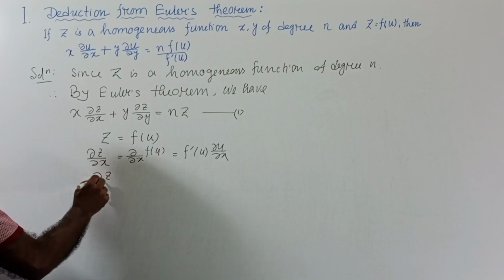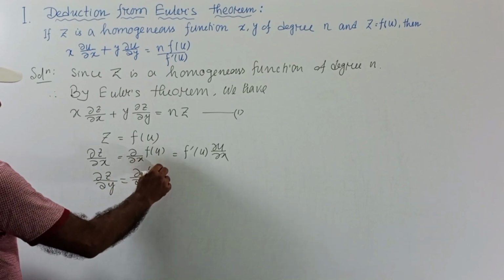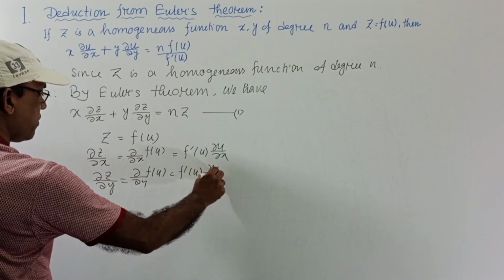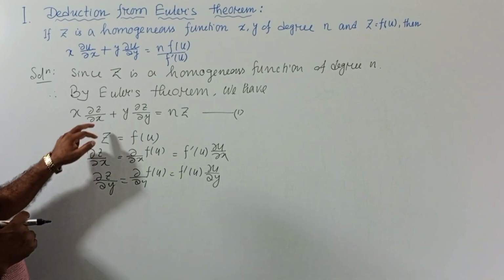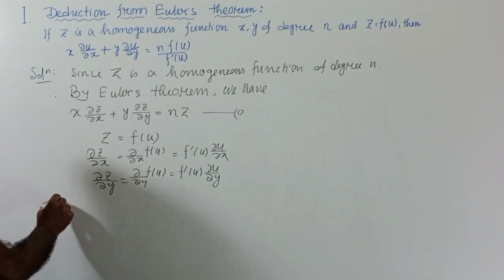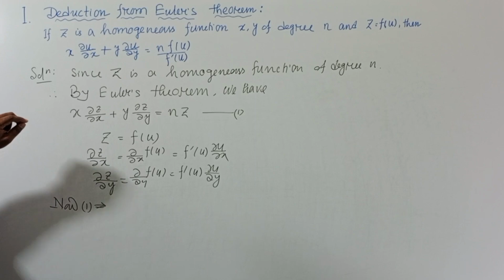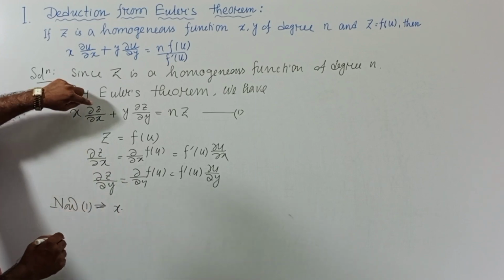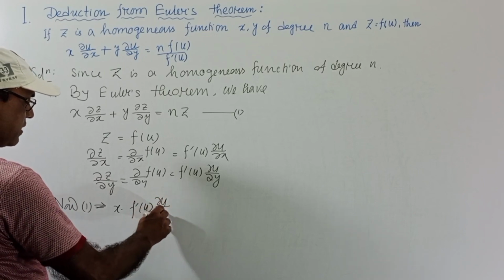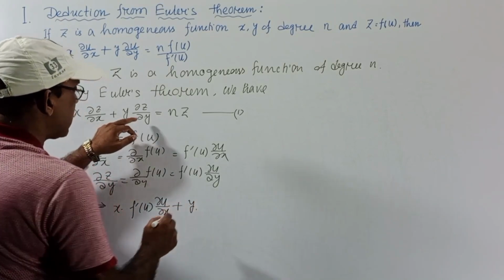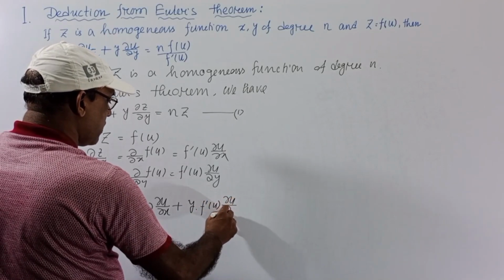And differentiating with respect to y partially, we get del z del y equal to f dash u del u del y. Putting these values in equation number 1, x del z del x becomes f dash u del u del x, plus y del z del y, which is f dash u del u del y.